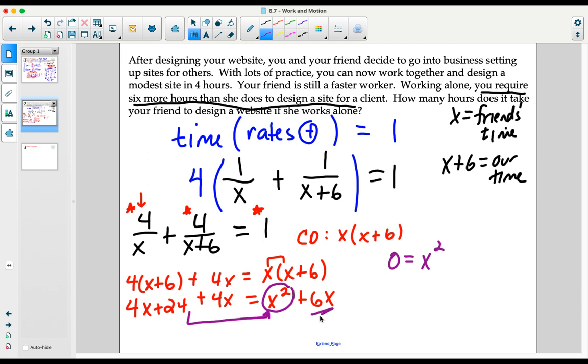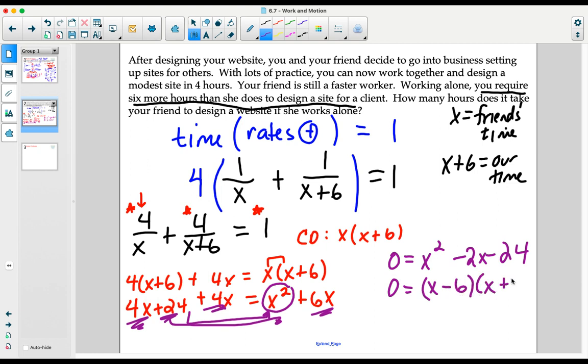I've got a 6x right here, minus a 4x and minus another 4x, which would be minus 2x. And then we're going to move the 24 over as well, and we get minus 24. Factoring this, we have x minus 6 and x plus 4, giving us two solutions to the equation, x is equal to 6 and x is equal to -4.